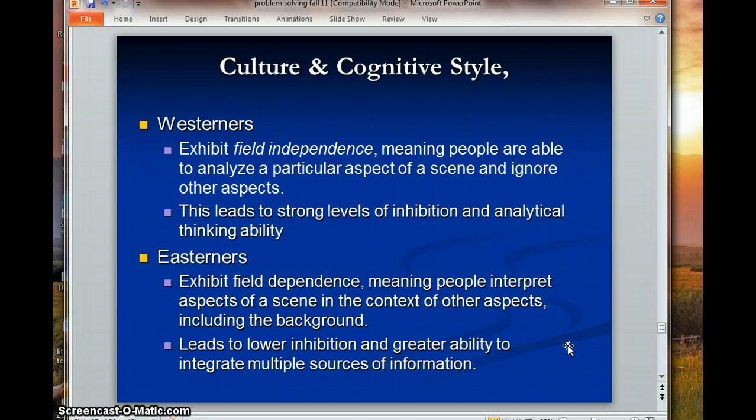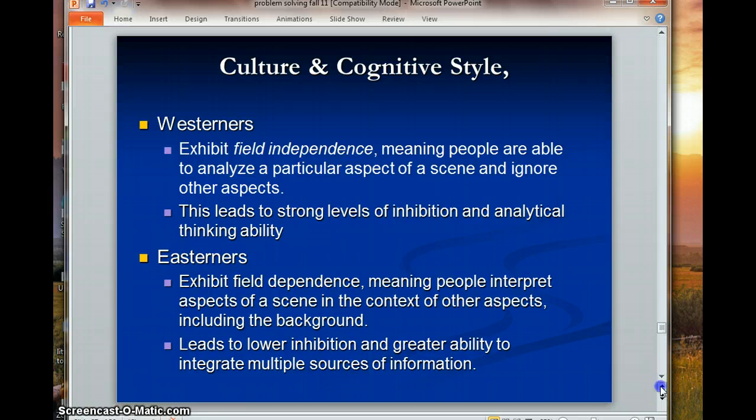In fact, Westerners have stronger levels of inhibition than Easterners. I think the studies have been done particularly with people who are Chinese. This is thought to be because Easterners exhibit what's been called field dependence. What that means is that you have to look at the background, the field in the background, the context, in order to understand what's going on in the foreground.